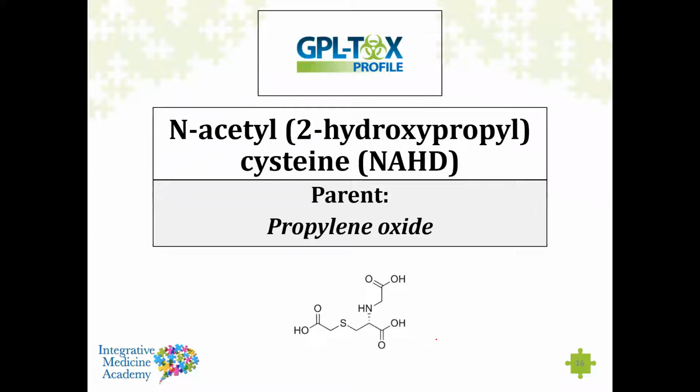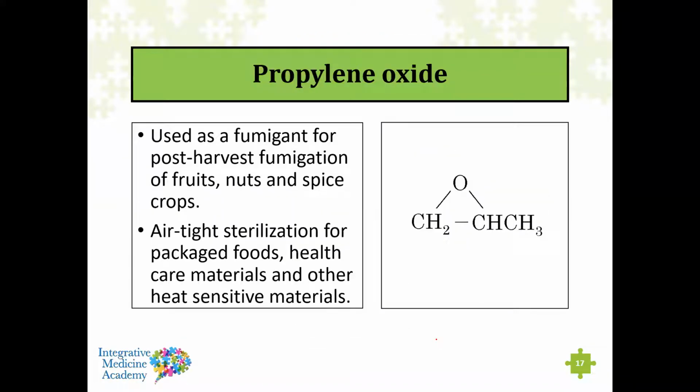This is a chemical off the GPL tox profile called propylene oxide, and the metabolite, meaning the metabolite that was formed based on the conjugation reaction that takes place in the liver, is called N-acetyl-2-hydroxypropylcysteine. And I'm actually taking some of this information from my Toxicity Mastery course.